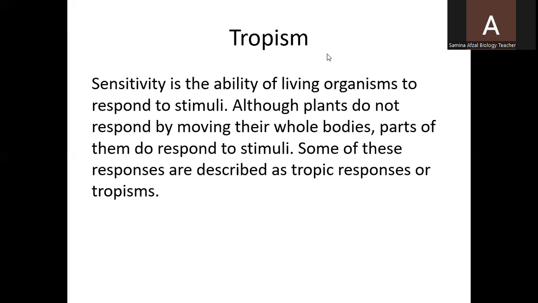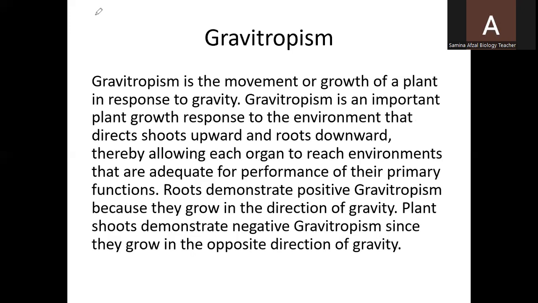First of all, gravitropism. Gravitropism is the movement or growth of a plant in response to gravity. It is an important plant growth response to the environment that directs shoots upward and roots downward.